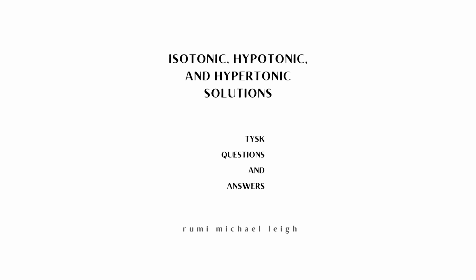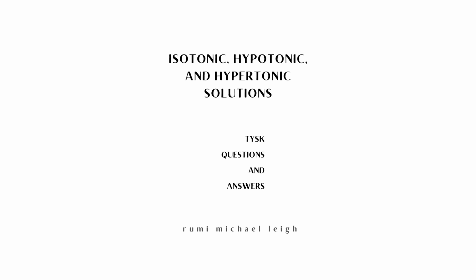6. What are the side effects of hypertonic solutions? Hypertonic solutions can make cells shrink. 7. When is a hypertonic solution used in a patient? A hypertonic solution is used in a patient in case of cerebral edema, hyponatremia, etc. 8. What is hyponatremia?